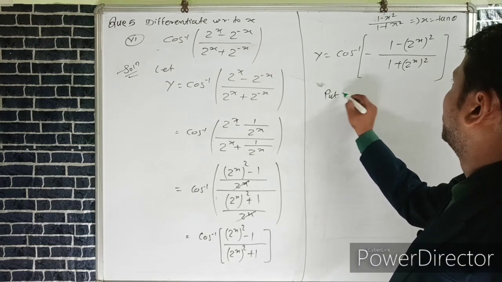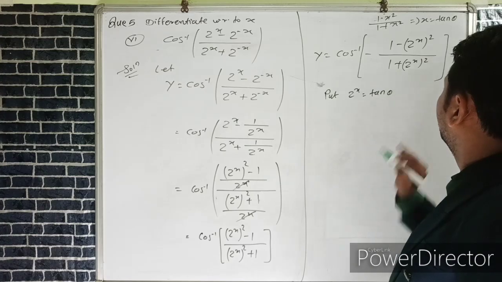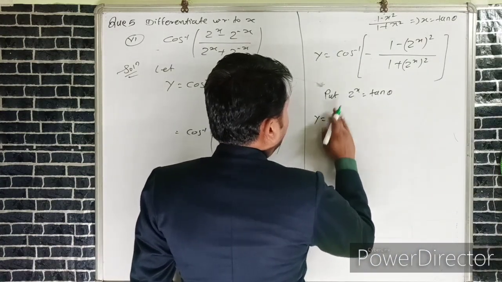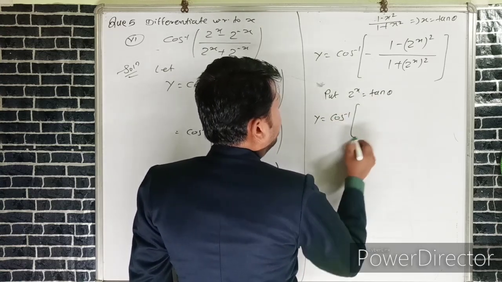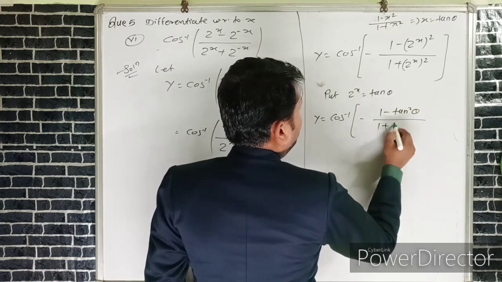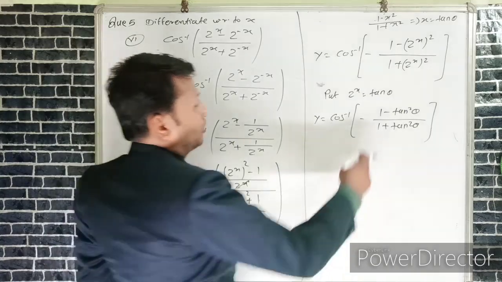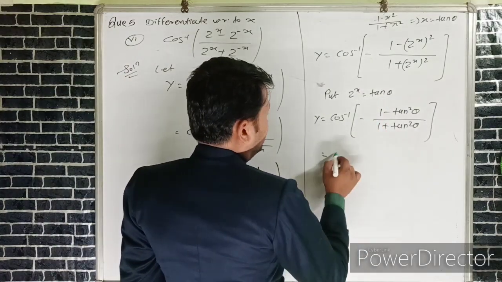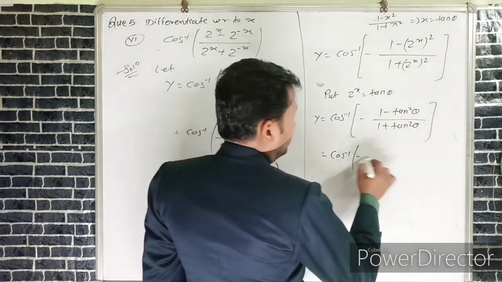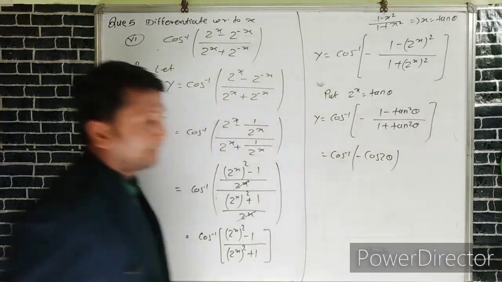Here, if we put the value of 2 raised to the power x as tan theta, then we can write y is equal to cos inverse of minus of (1 minus tan square theta) upon (1 plus tan square theta). We know by the rules of trigonometric functions that (1 minus tan square theta) upon (1 plus tan square theta) is cos 2 theta, hence we can write minus cos 2 theta.